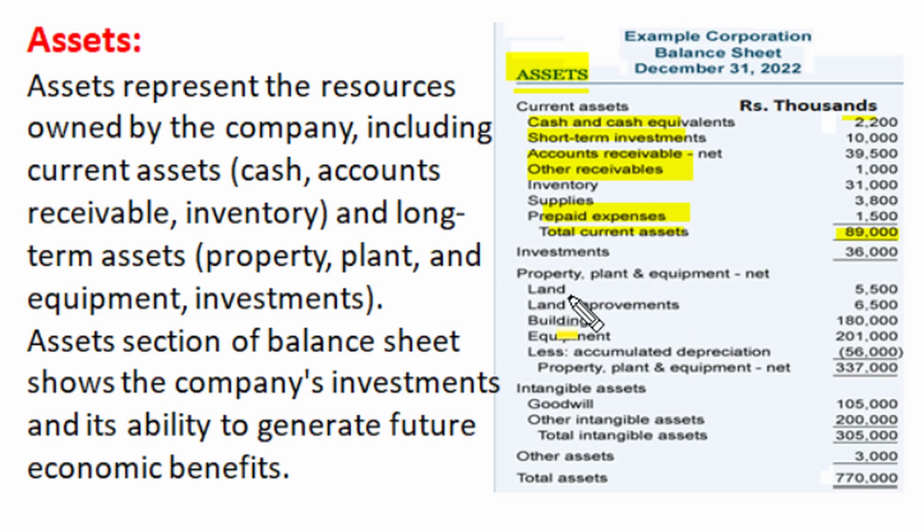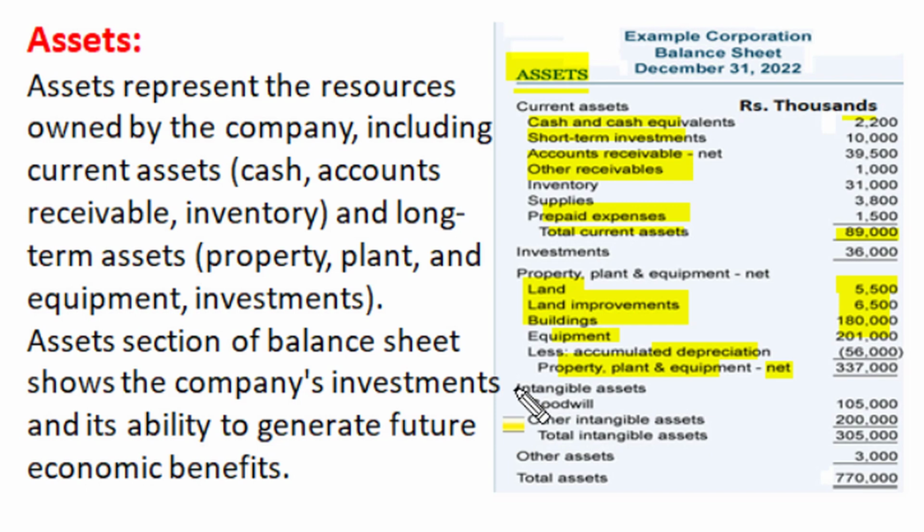For example, this corporation has land of rupees in thousand 5500, and it has made investment in land improvement, building construction, and equipment procurement, and they all are its long-term assets. And if we subtract accumulated depreciation from those long-term permanent assets, then we'll get the net worth of all permanent assets.